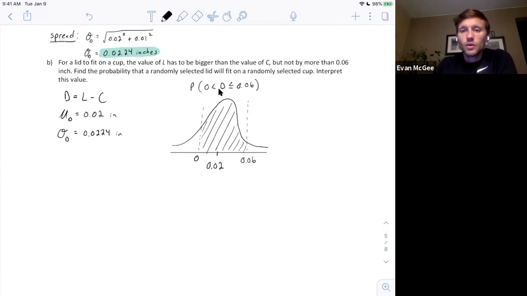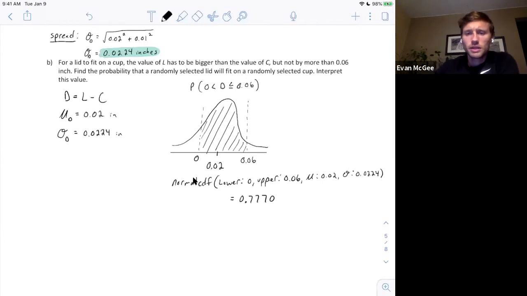We want this because this is the size of the difference where the lid fits on the cup. That's what they've told us in the problem. So now we're going to use the normal density curve and calculate the area from 0 to 0.06. And remember, whether it's equal to or just less than, we're going to get the same area between these two values. So I'll write out our calculator statement.